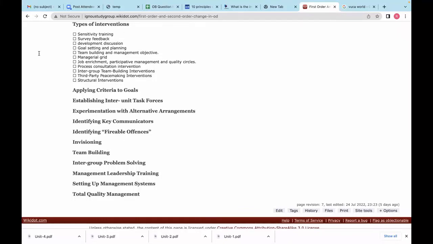You might bring in an intergroup team building exercise. You might bring in an external process consultant. All possible actions to fix or band-aid come under types of interventions. You might change the structure of the organization, etc. Okay.